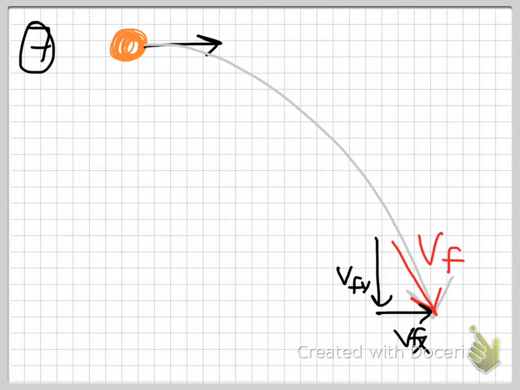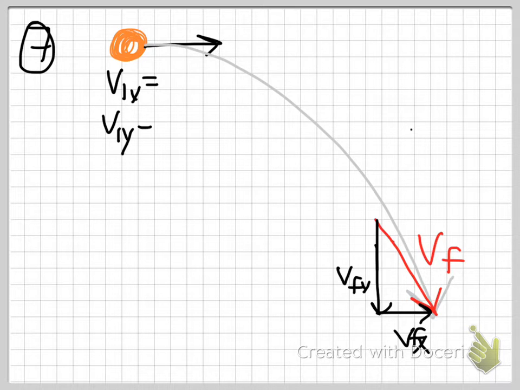So in this case, what we know about this thing, at this point we've got that final triangle, and that's why the problem says, hint, consider the components of final velocity. So the thing that we know is that there was an initial velocity on the x.